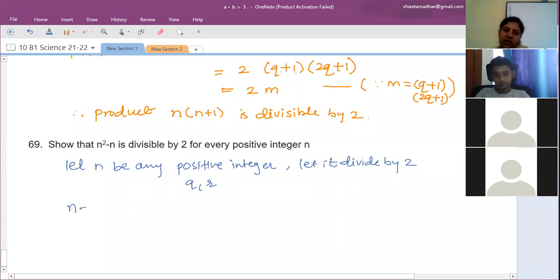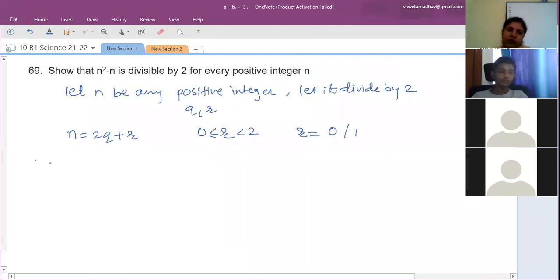So therefore n is equal to 2q plus r, where r is greater than or equal to 0 but less than 2. So possible values of r are 0 or 1, right? Case 1, when r is equal to 0, n is equal to 2q.